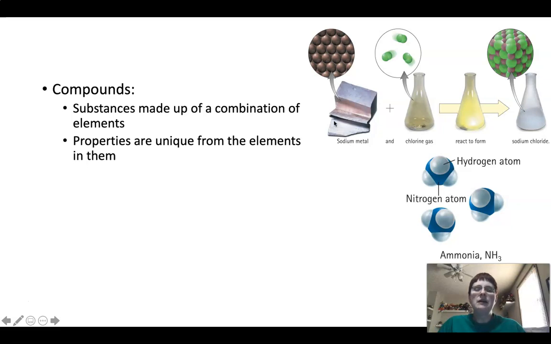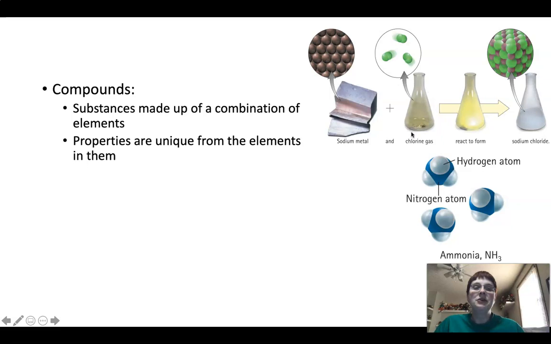We saw in previous videos that sodium is a very soft metal, and you can see it's dull, it's not reflective, and if you remember as well, sodium is one of those metals that's highly reactive to water. So it's very different from the material that it's going to be making in this compound.